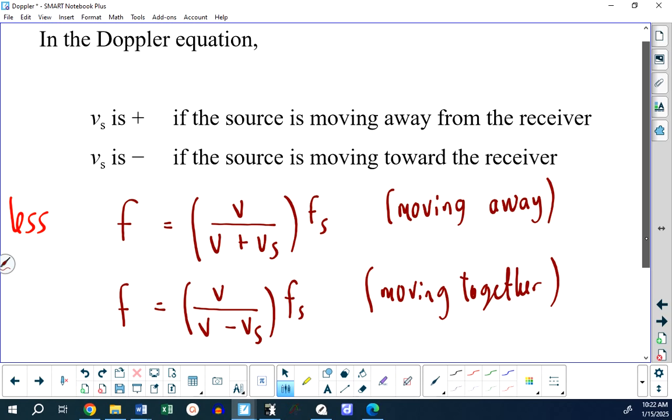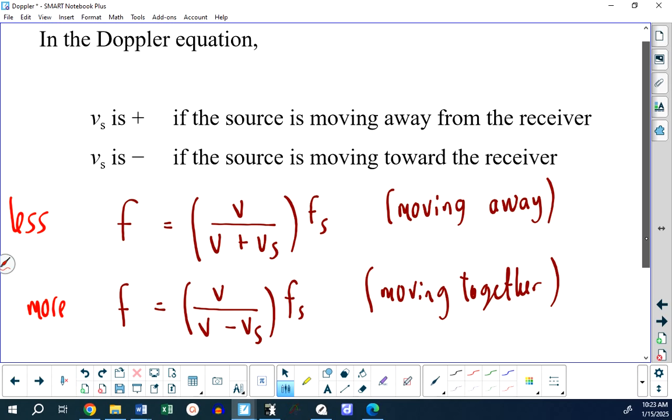Right? When you are moving closer to the source, or the source is moving closer to you, does the frequency go up or down? Goes up. So this is more. Okay. Well, I don't use this rule because I just say if the frequency is going to be greater, the bottom of this fraction has to be smaller to calculate a larger frequency.